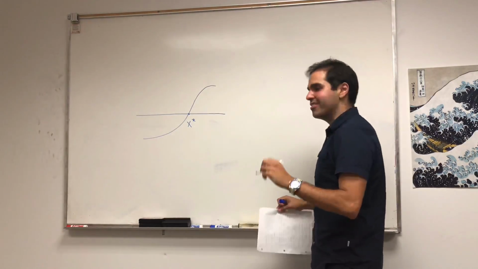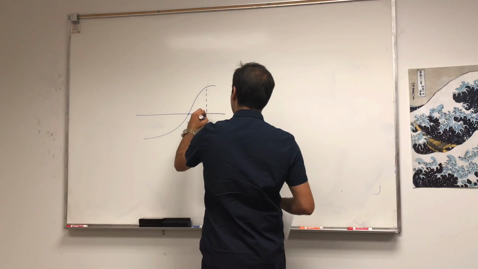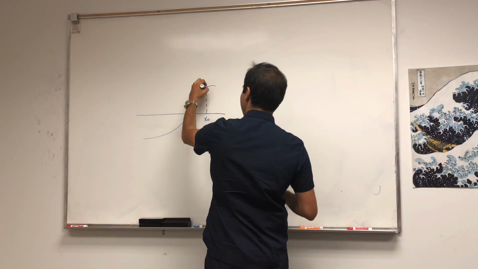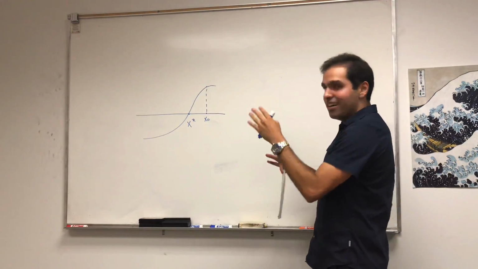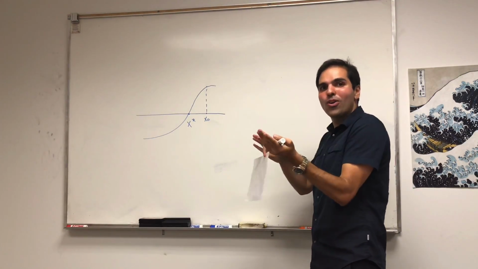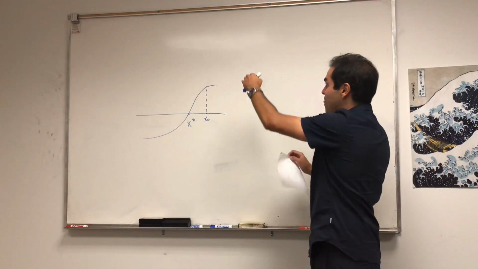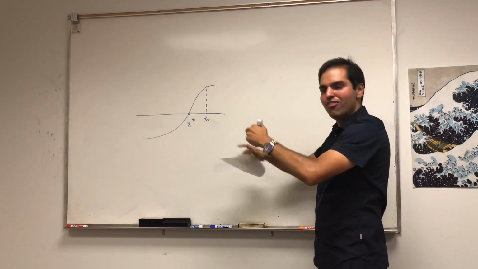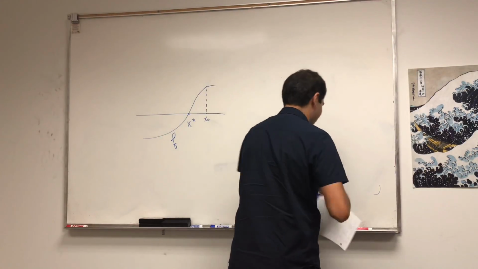The way it works, I'm not a programmer, but basically you start with the initial point x naught, and the idea is, because the tangent line is so close to the function itself, maybe to find the 0 of the function, you should just find the 0 of the tangent line.